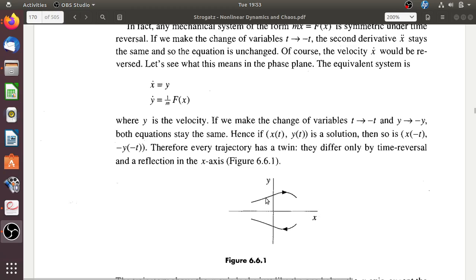Whatever trajectory I'm observing over here, in a mirror projection I will observe a trajectory exactly like this, a mirrored one with respect to the x-axis.